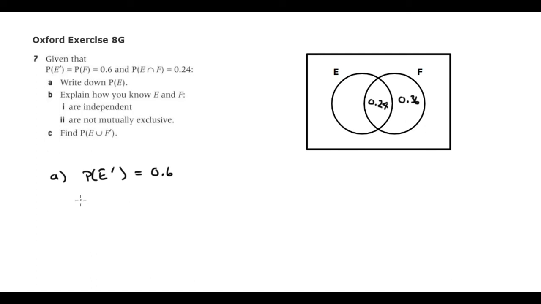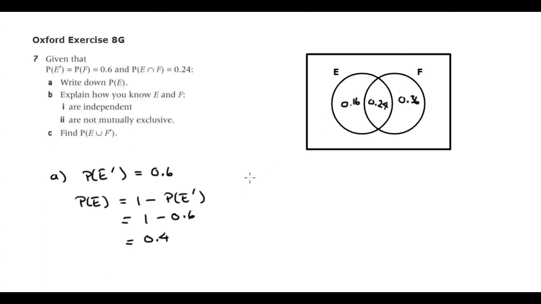And maybe a more formal way of doing that is to say, well, the probability of event E is 1 minus the probability that event E doesn't occur, or the complement. Of course, that's going to be 1 minus 0.6, giving us a 0.4 is the total probability in our E circle. So that means if we got 0.24 in our overlap, we need another 0.16 in the E only section of our Venn diagram.